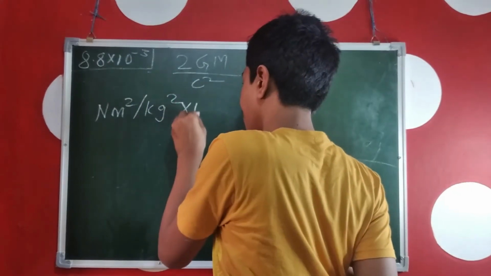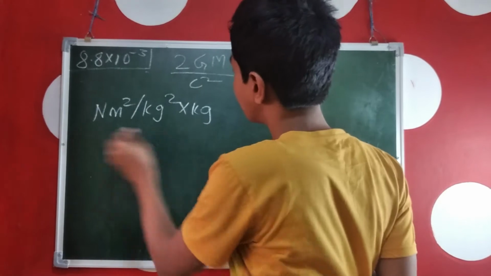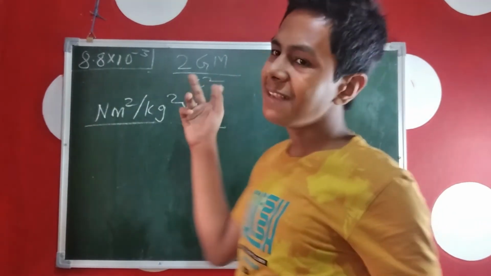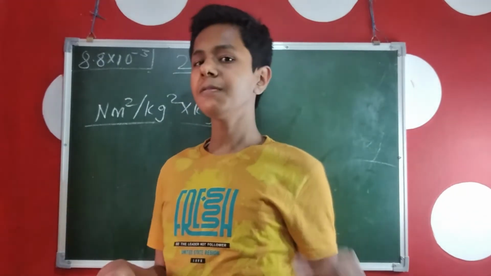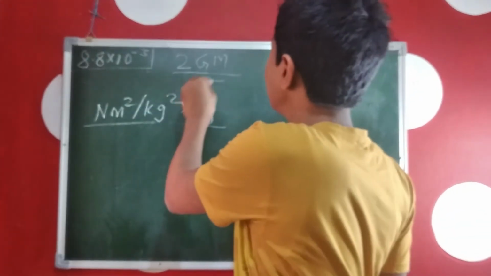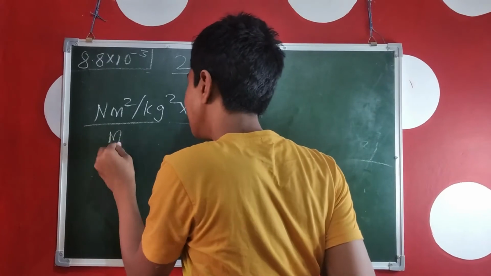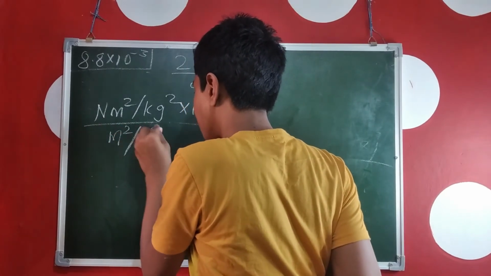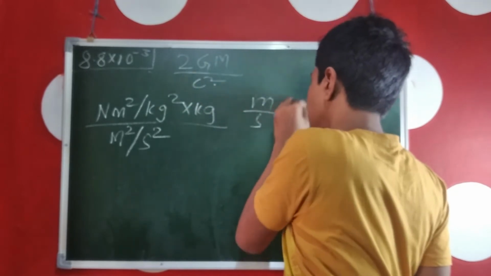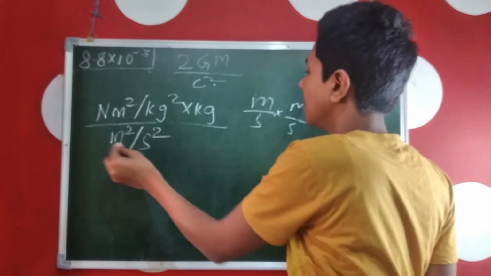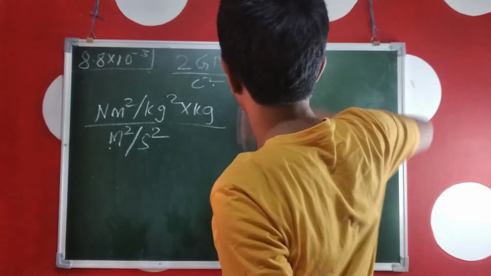C is the speed of light. As we all know, the speed of light is 3 into 10 to the power 8 meters per second. So for light speed square, we can write meter square per second square. Obviously, meter per second into meter per second will result in meter square per second square.